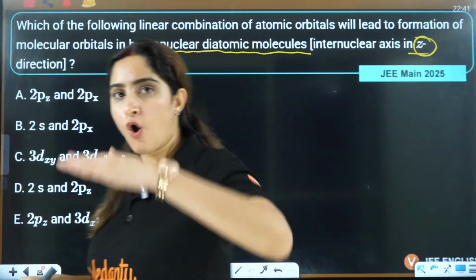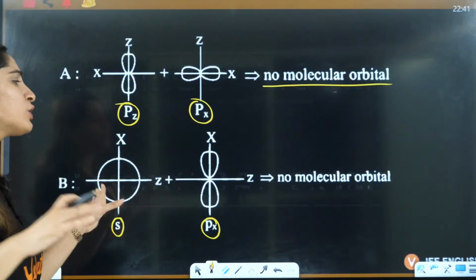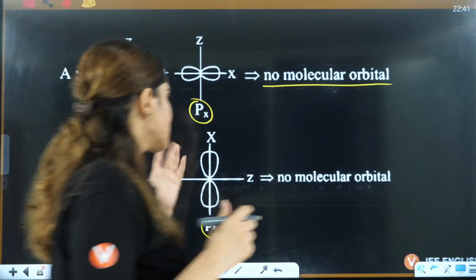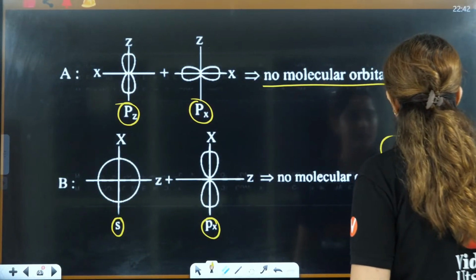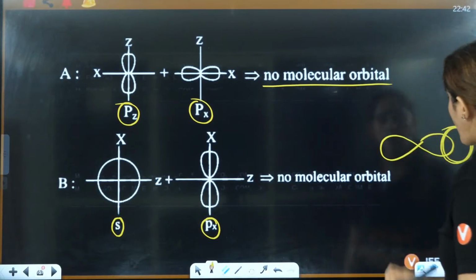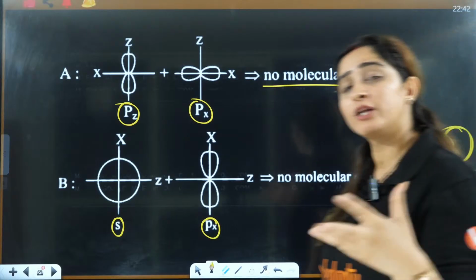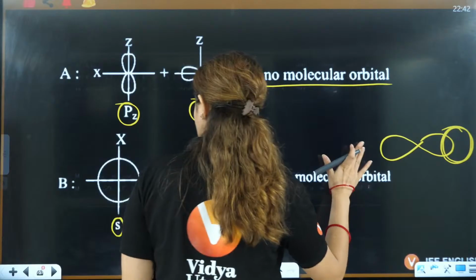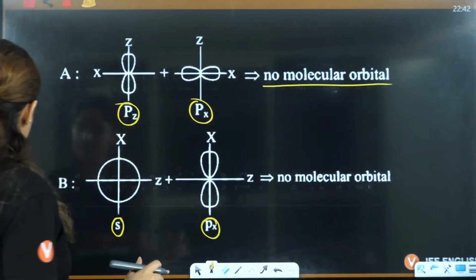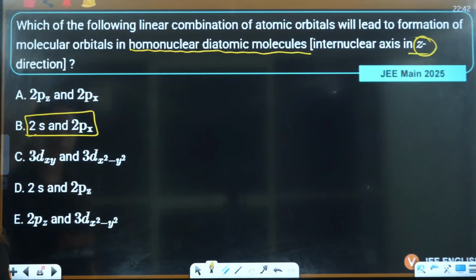If they didn't say that it should be along the z-axis, then you could say, ma'am, let's say this is the x-axis, so you can have a spherical orbital here. They can combine together to form a molecular orbital. It is possible. But now, this is actually given to be 2s and 2px.